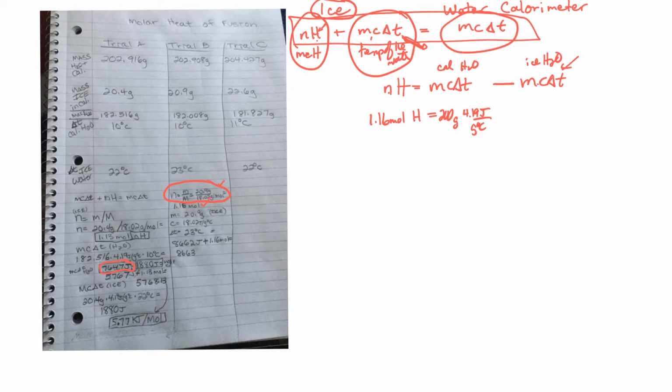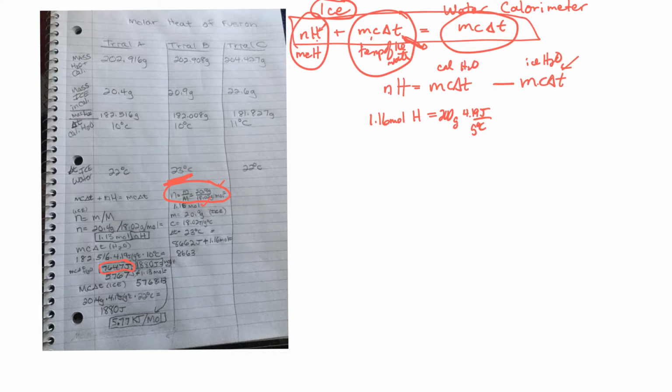So the calorimeter water started at what temperature? I don't see it here. I should have a temperature that it started at. Is this what it started at? I'm not sure.